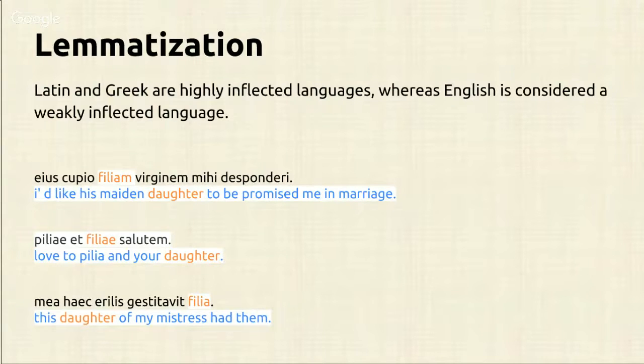So as we can see in these three different examples, filiam is aligned to "daughter", filiae is aligned to "daughter", and philia is aligned to "daughter". So the next step was to lemmatize the Greek and Latin words.